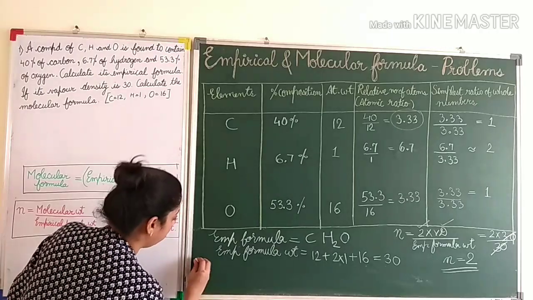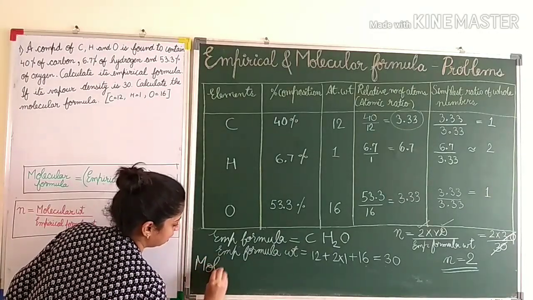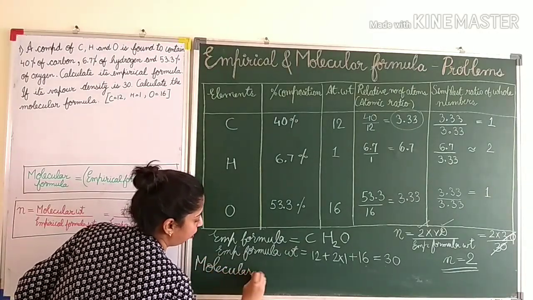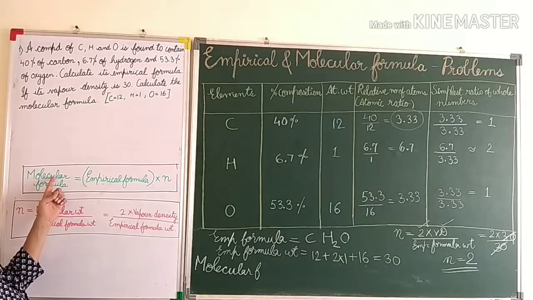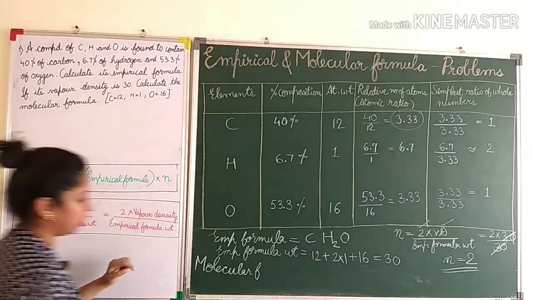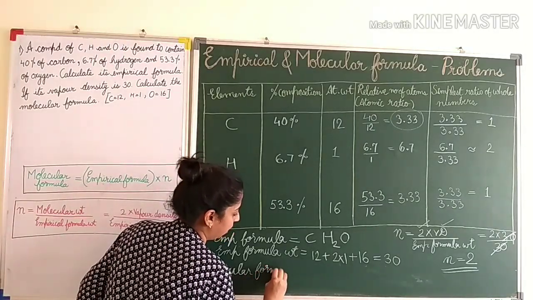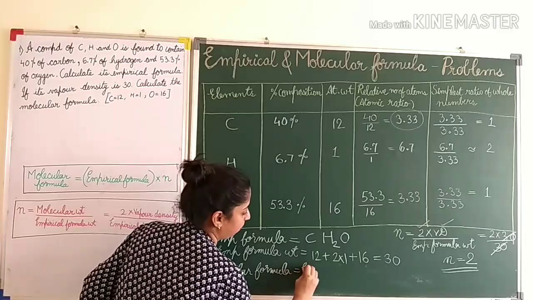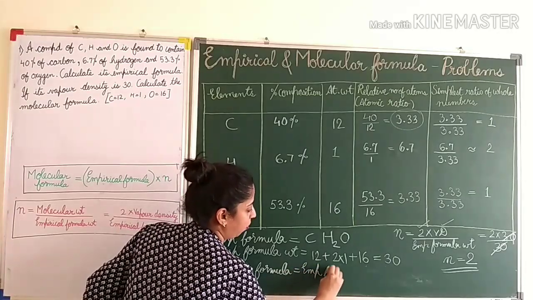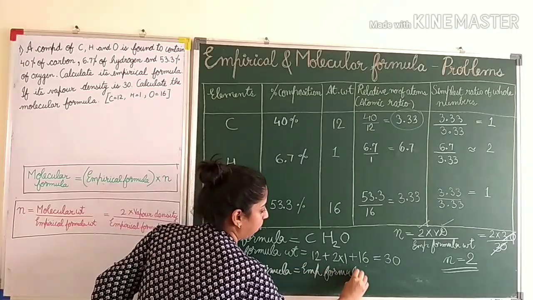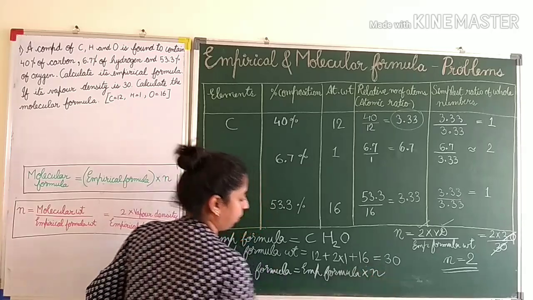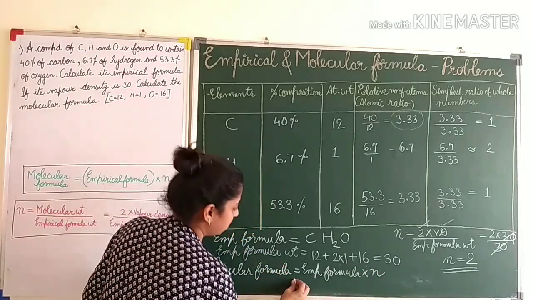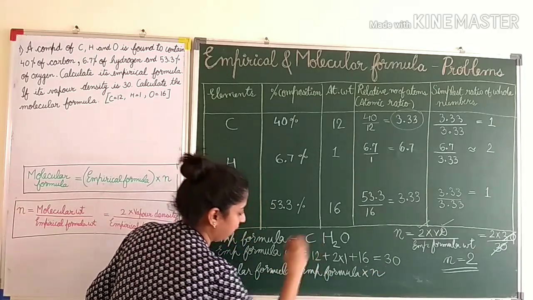If your N is 2, then your molecular formula is empirical formula into N. So your molecular formula will be empirical formula into N. Right? I have less space, but you have to write in the next line.